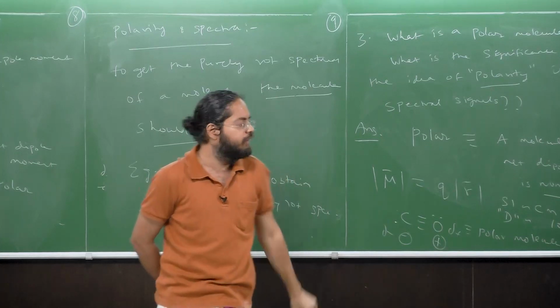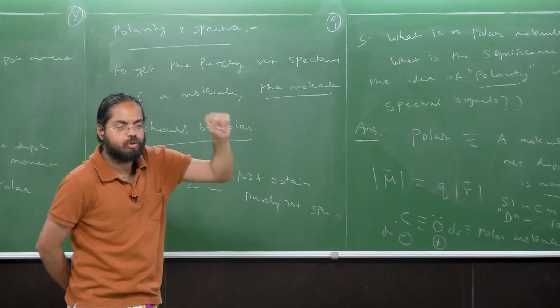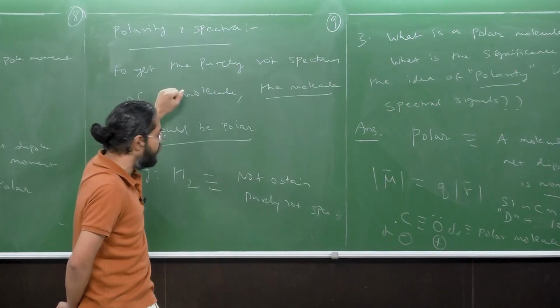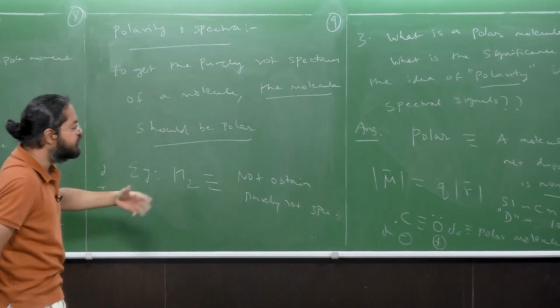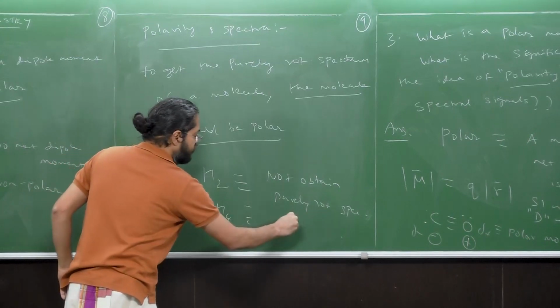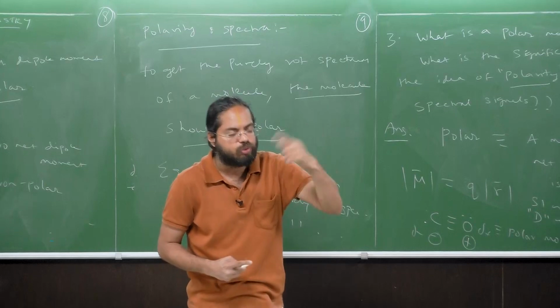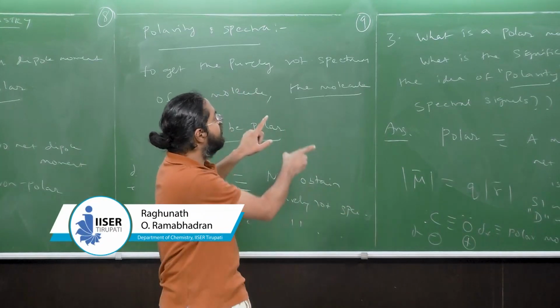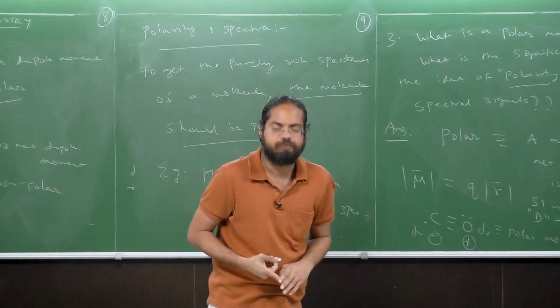But for now, please note through this tutorial question that if you want to record a purely rotational spectral signal of a molecule, the molecule should be polar. And so for hydrogen, you cannot obtain it. Similarly, for methane, this is also true. All right. So on that note, I end this tutorial. And in the next tutorial, we shall be continuing with the same question, and I will be addressing some more points also. Thank you so much.